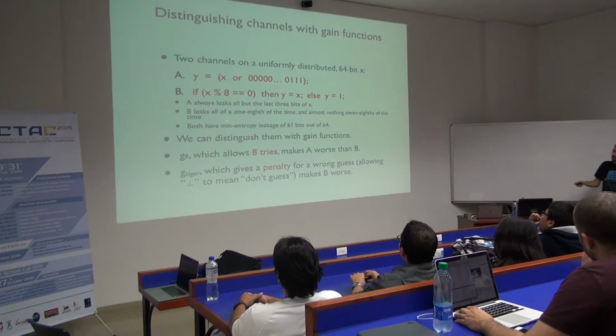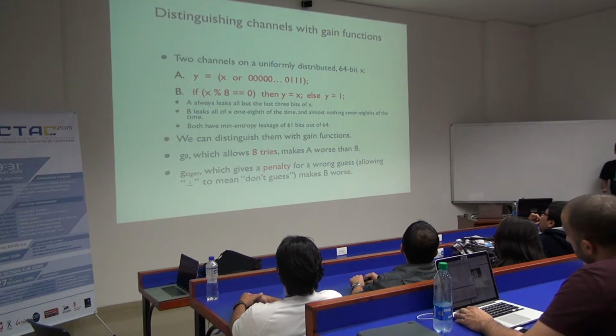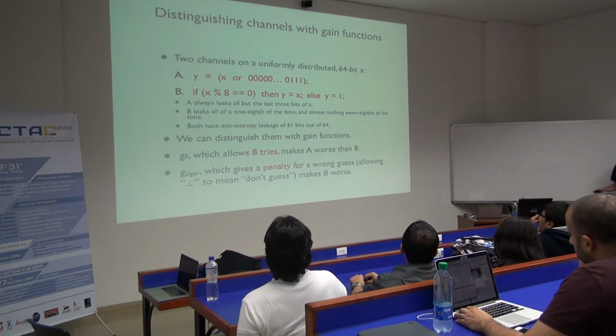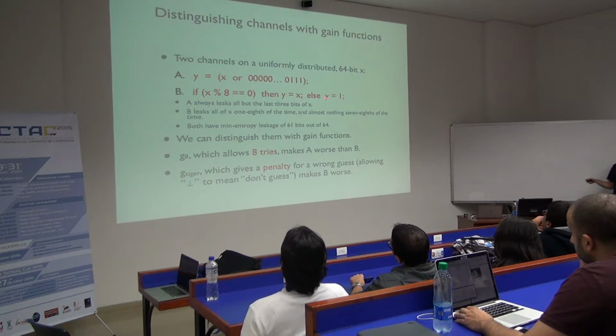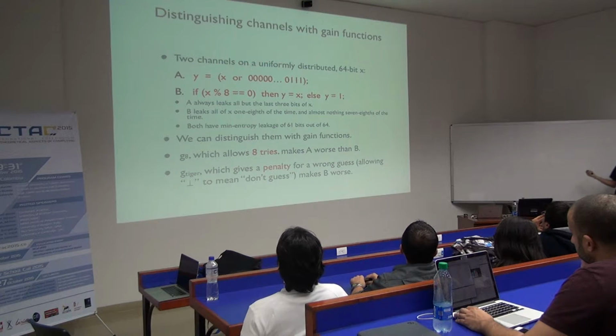If you do this with mean entropy, you're going to figure out that these channels both have exactly the same leakage, which is 61 bits out of 64. So in this case, it's kind of clear intuitively that 61 of the 64 are literally revealed. Here it is a bit less.